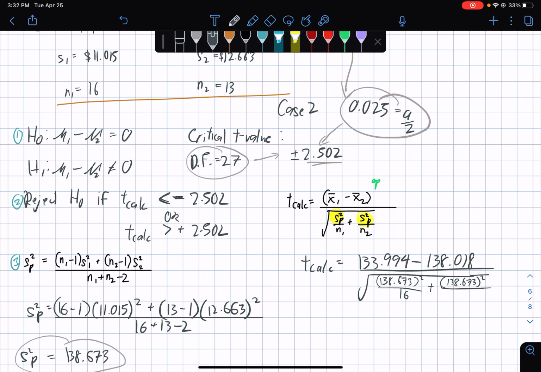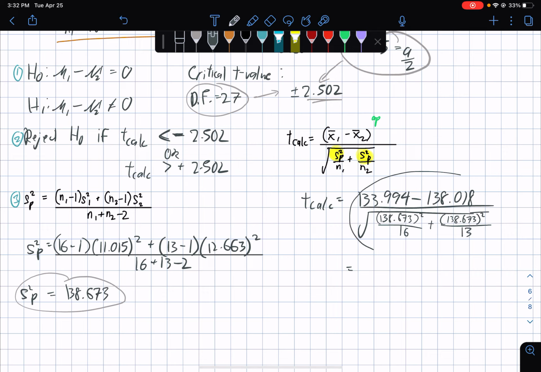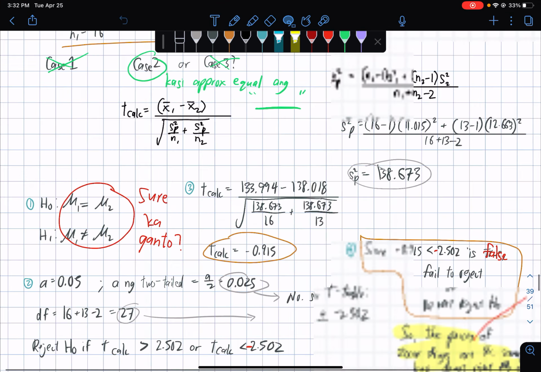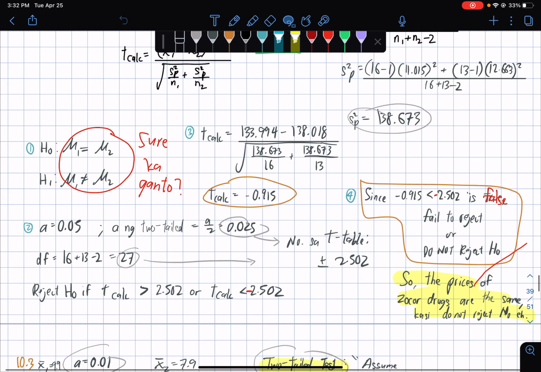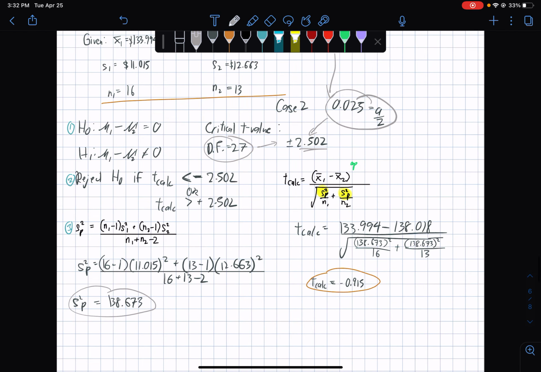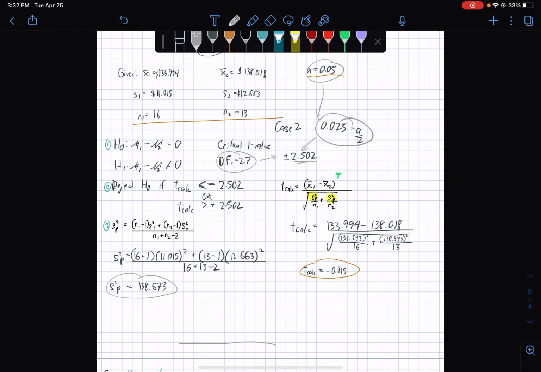Copy mo lang yan sa numerator niya. So put all these values in the calculator. What would you get? You will get negative 0.915.